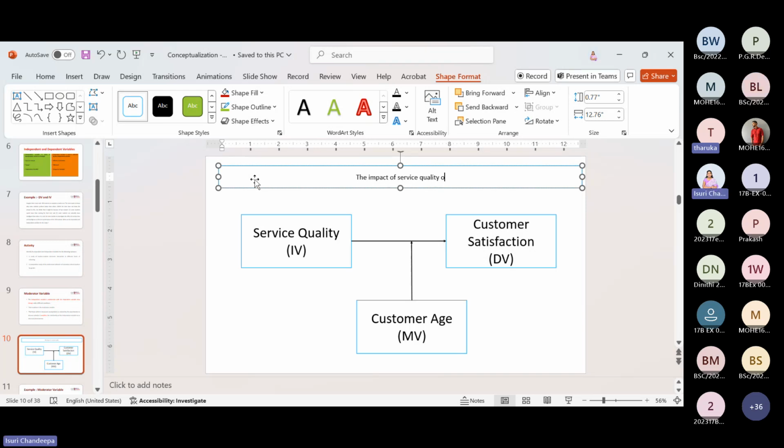The impact of service quality on customer satisfaction of Sri Lankan listed hotels: with the moderating role of customer age.